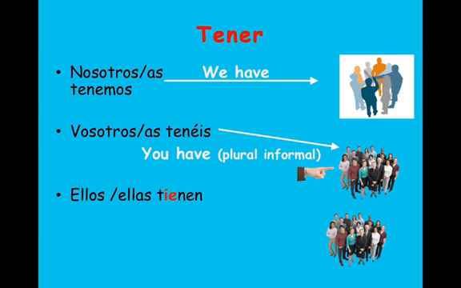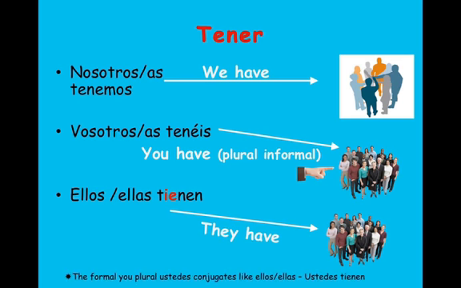Ellos y ellas tienen, which is they, either feminine or masculine, have. And again, I did not include the you, plural formal, which is ustedes, that will conjugate the same way as the ellos and ellas. So that will be ustedes tienen.